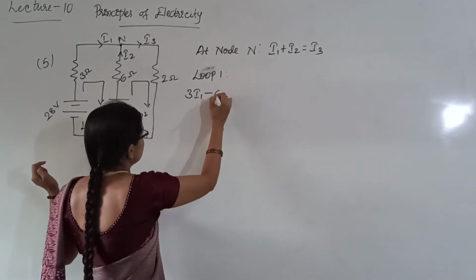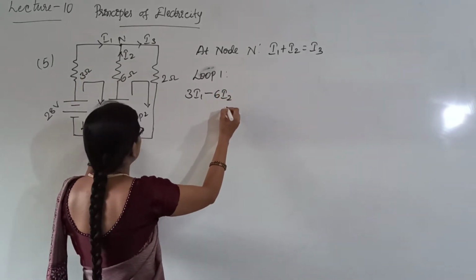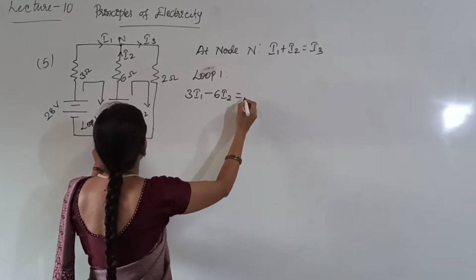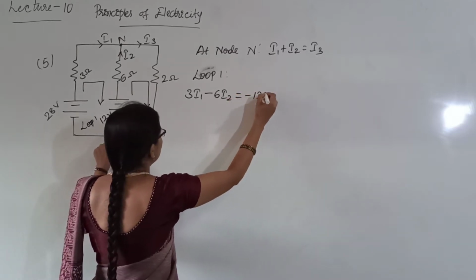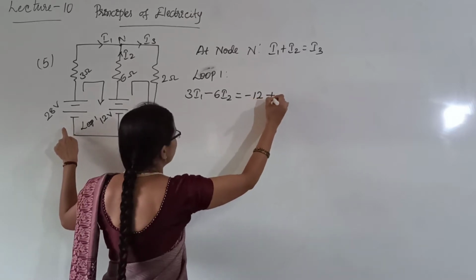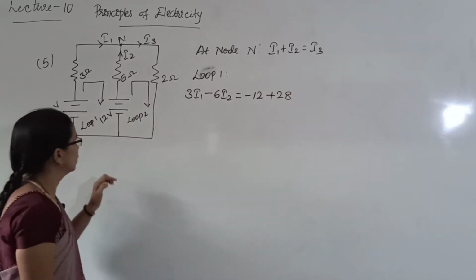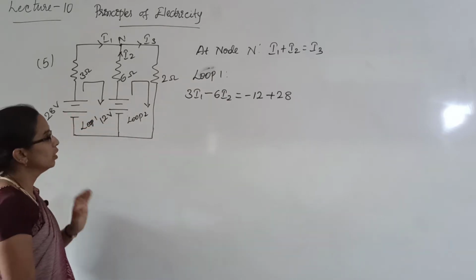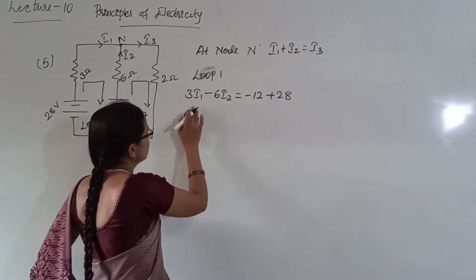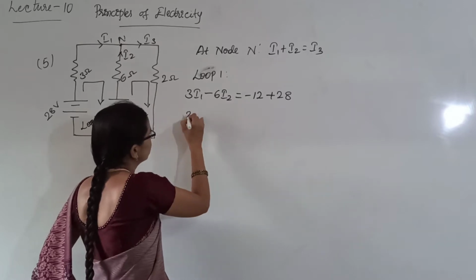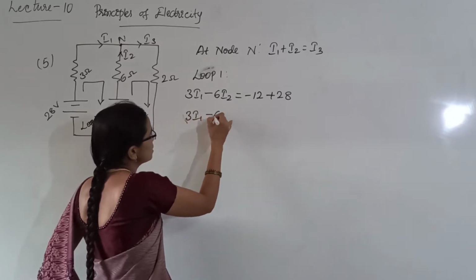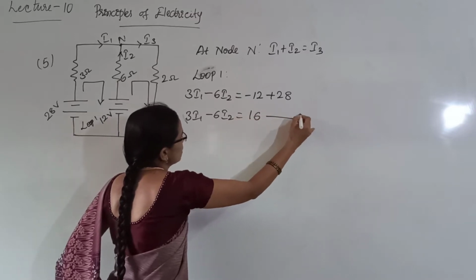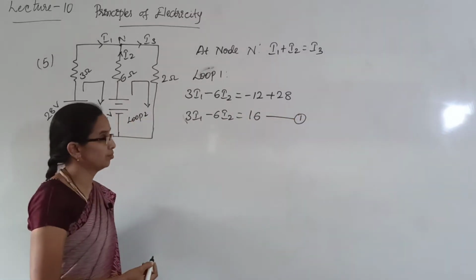So, 6I2 is equal to minus 12 volt plus 28. Here we will find two voltage sources in this loop. So, it will be 3I1 minus 6I2 is equal to 16. Call this as equation number 1.